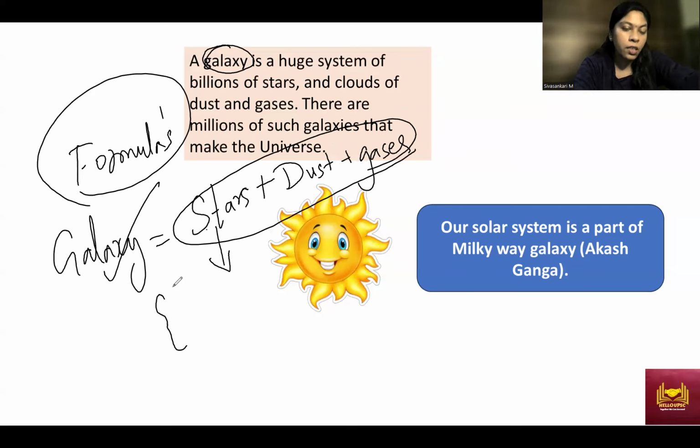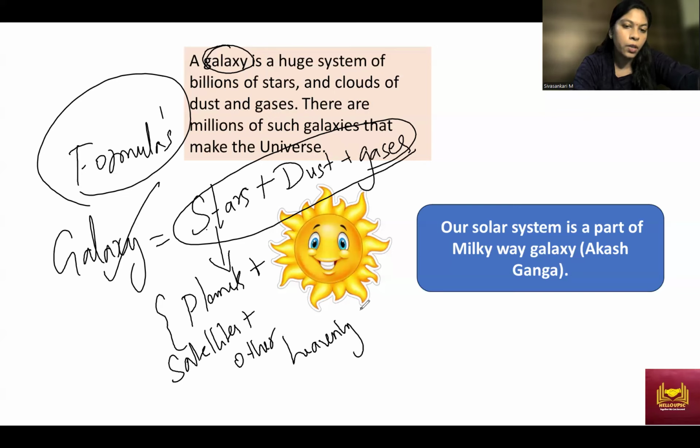So stars include not only stars but planets, satellites, plus other heavenly bodies. You can write heavenly bodies, that's it. We'll see the meaning of all these things. So write the formula and key. We'll go deeper.